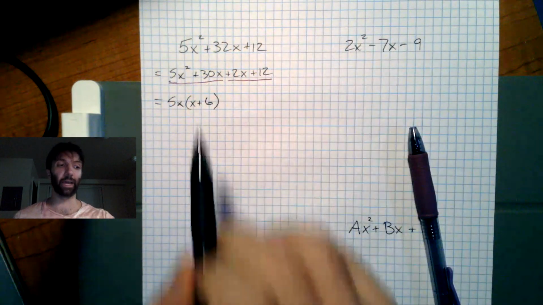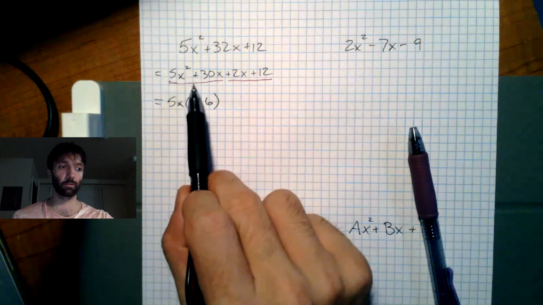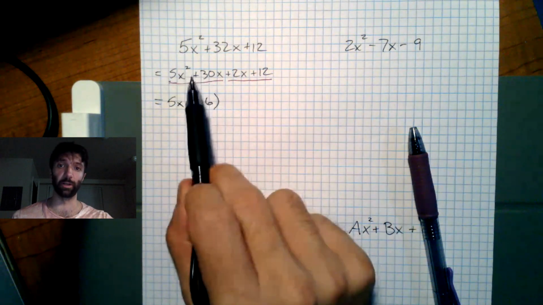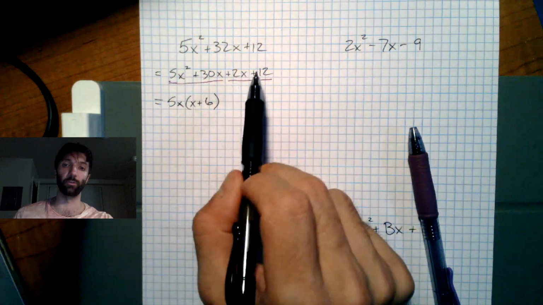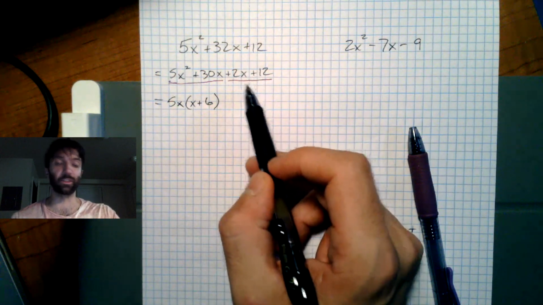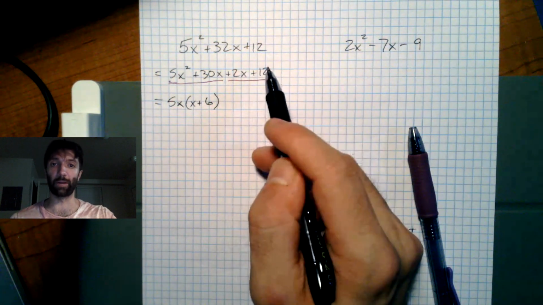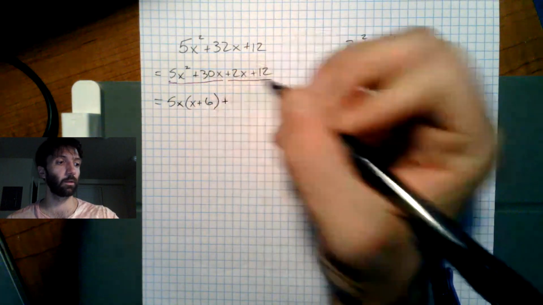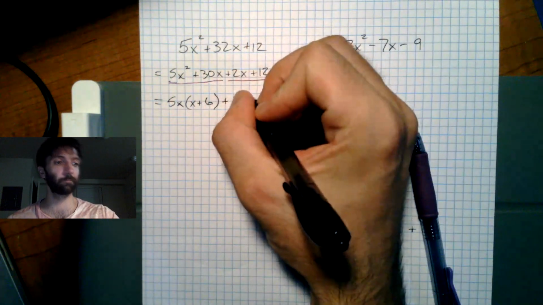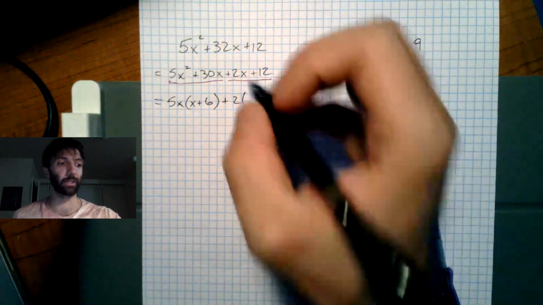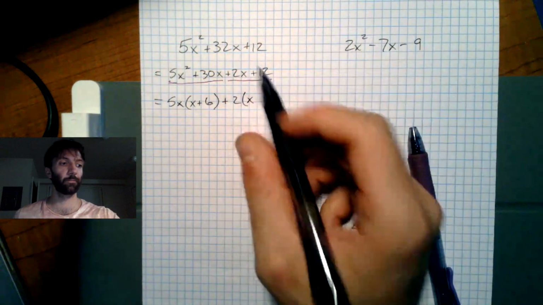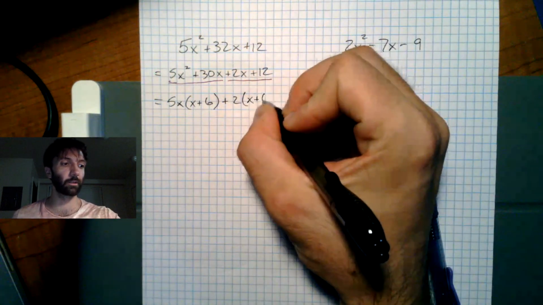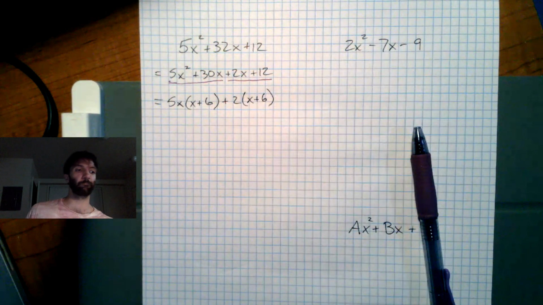We factored this first group, and now we factor the second group. The GCF of the second group is going to be a positive 2, so I'll factor out a 2. 2 times x gives me the 2x, and 2 times 6 gives me the 12.